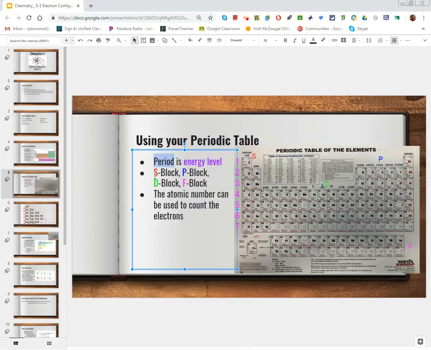The other thing I asked you to do in class already is to write down S, P, D, and F. These blocks, imagine helium was right here, are written this way and designed this way to show us how the electrons stack up in the different orbitals. This is considered the S block, this is considered the P block minus helium, this is considered the D block, which are also known as your transition metals, and then down here your lanthanides and actinides are considered the F block.